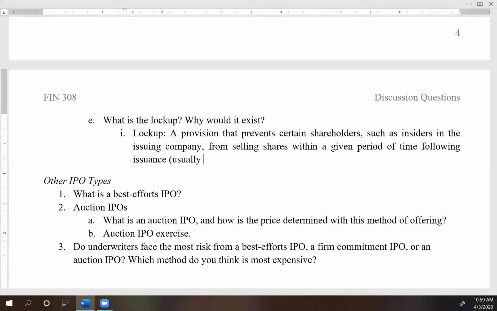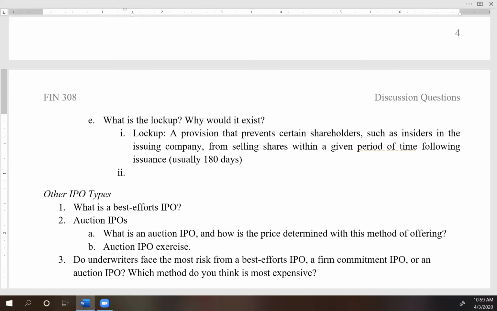Usually, this is 180 days that the lockup period exists, and there are some really good reasons for the lockup to exist. What this is going to do is prevent really large shareholders from flooding the market with more shares.